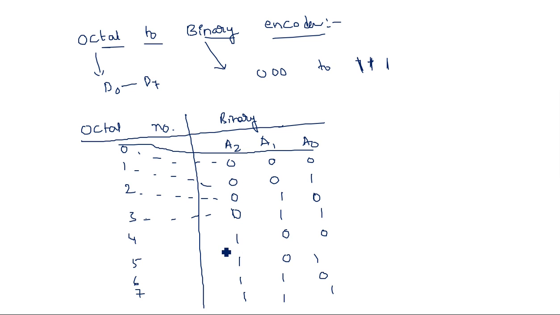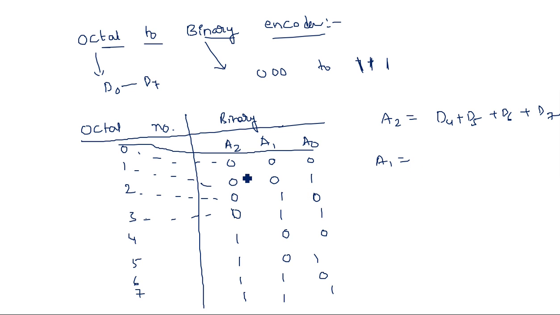Wherever we have ones, take them and add them all. A2 becomes 1 in 4 different places, that is 4, 5, 6, 7. These are simply D4 plus D5 plus D6 plus D7.